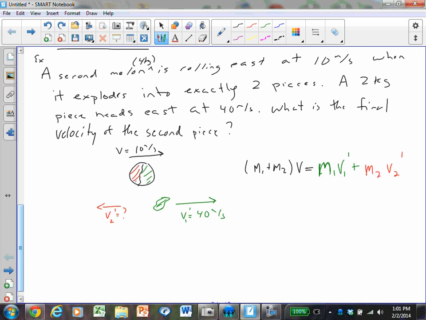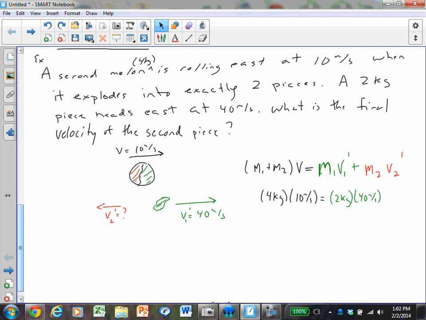So the total mass of the melon is 4 kilograms, and its initial velocity is 10 meters per second. That equals the mass of the green piece, 2 kilograms, times its velocity, which is plus 40 meters per second, plus the mass of the second piece, which also must be 2 kilograms, times the velocity that we're looking for. We don't know yet.